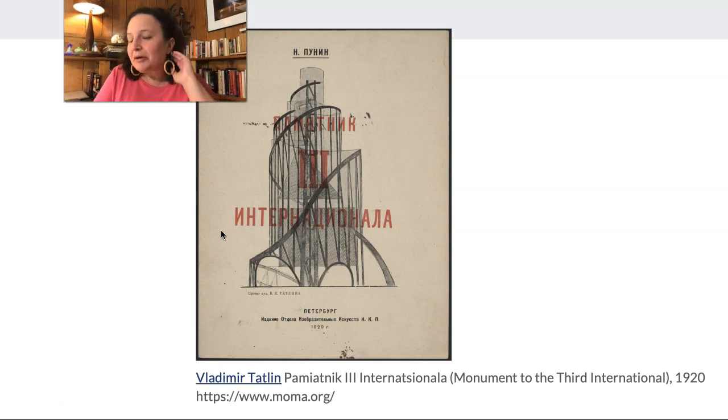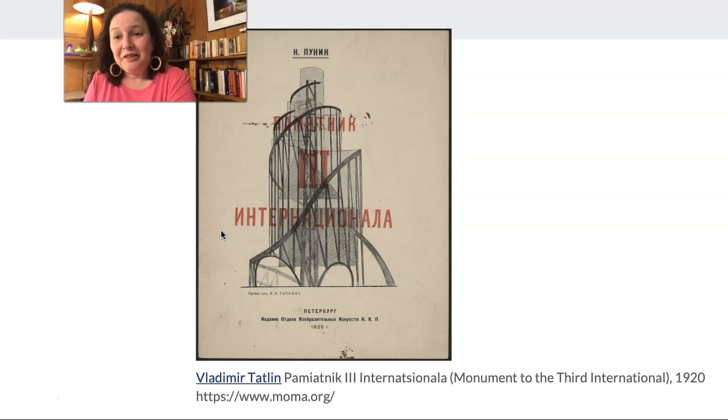So also just after the World War I era, you can see this is the Monument to the Third International by Vladimir Tatlin. And this illustrates a couple of things. It is a print, so it definitely illustrates the influence of printed culture on the Bolshevik Revolution of Russia.